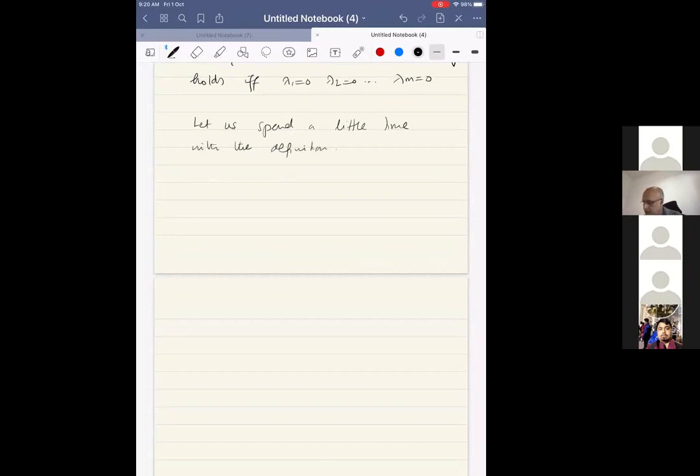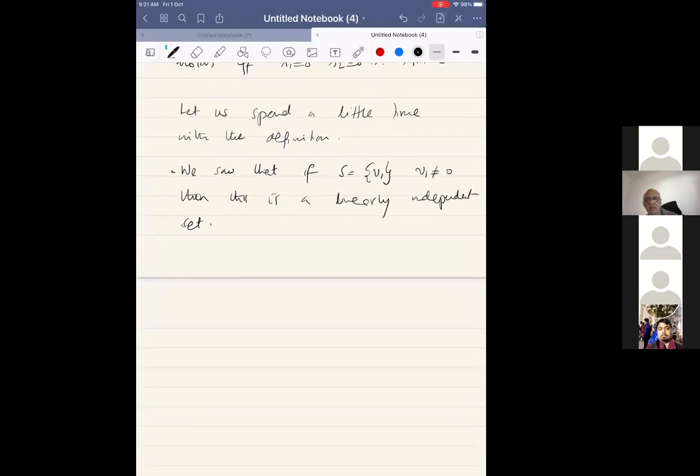So we already saw that if S is the singleton set, so there is only one vector v which is non-zero, then this is a linearly independent set. I'm not going to go through that proof again.